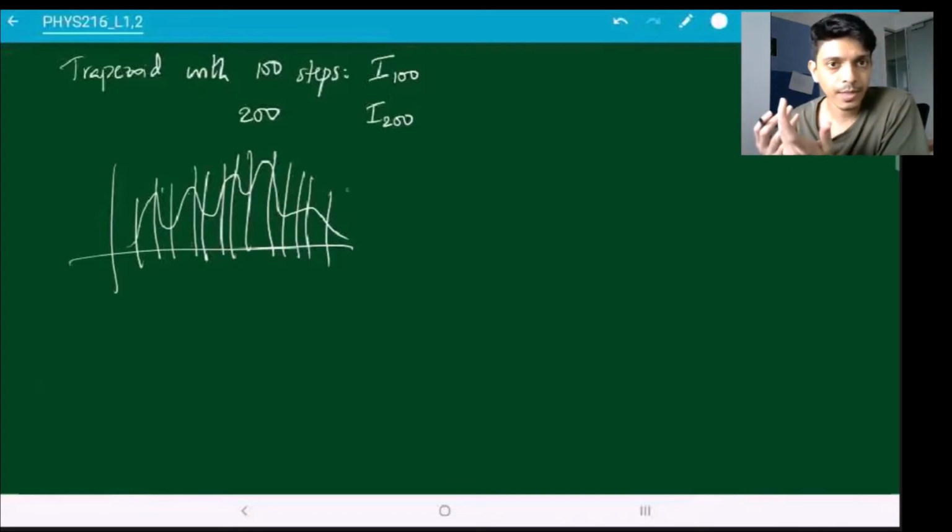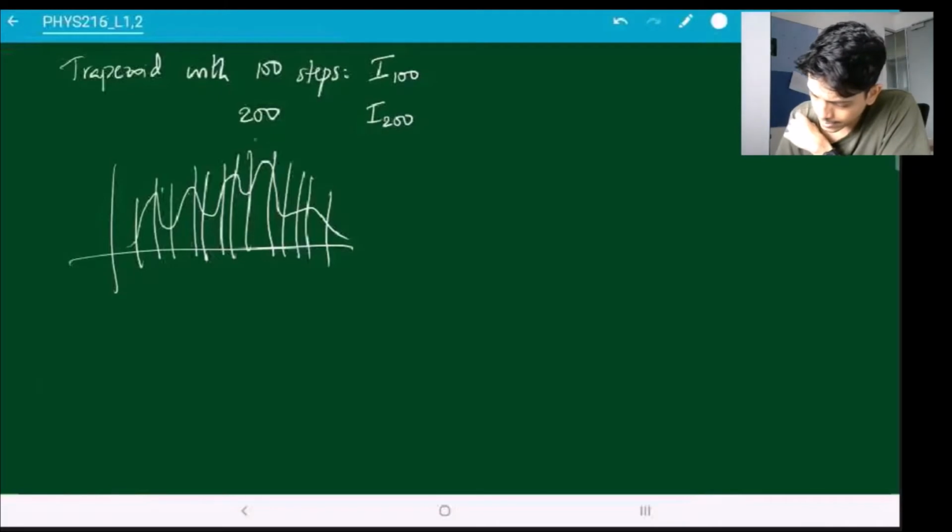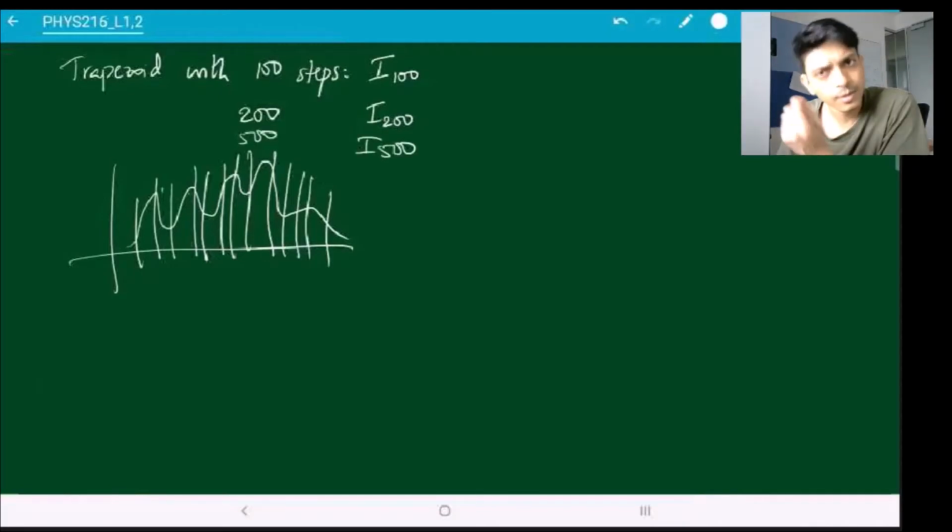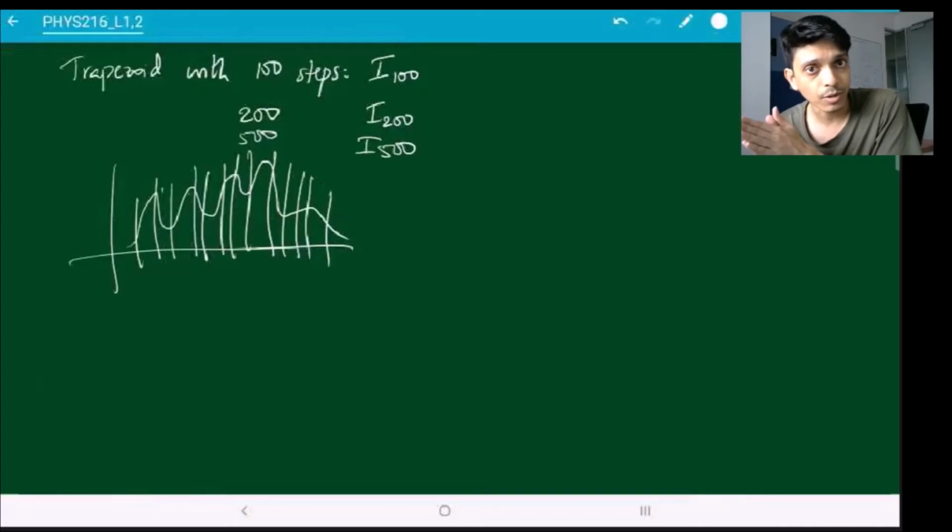So the more variation there is in your function, the better it is to take a higher number of steps. So you take I100, I200, and maybe take 500 steps and check at each step how much your result is changing. And once you find that your answer is not changing much anymore, then you can be satisfied and say, okay, this is my final answer.